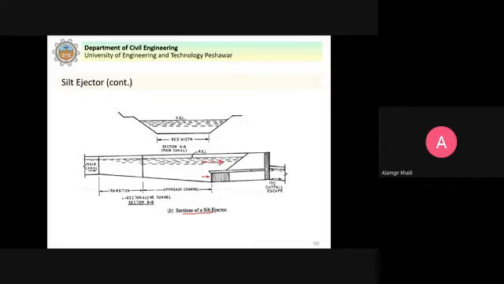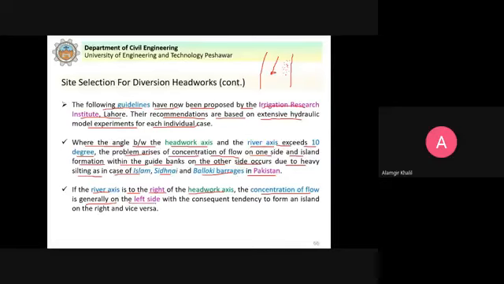If the river axis is to the right of the headworks axis, the concentration of flow is generally on the left side, with the consequent tendency to form an island on the right and vice versa.